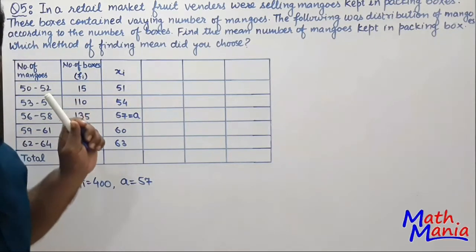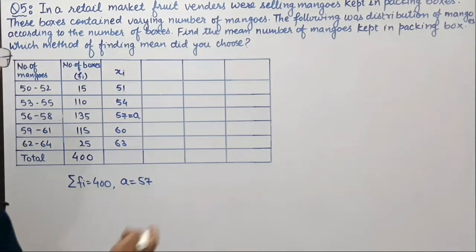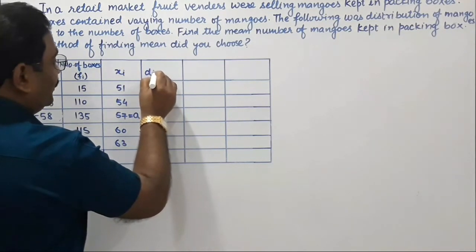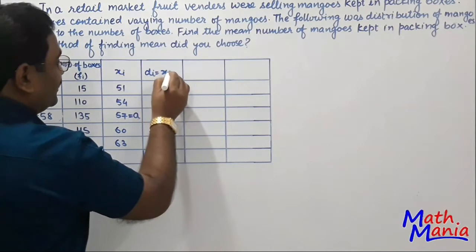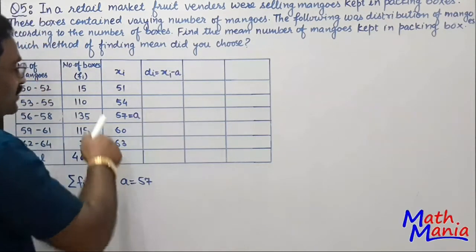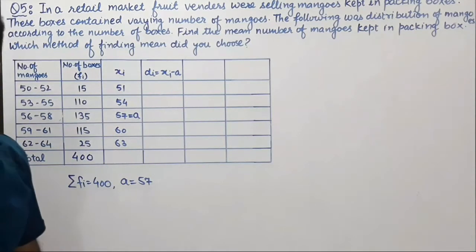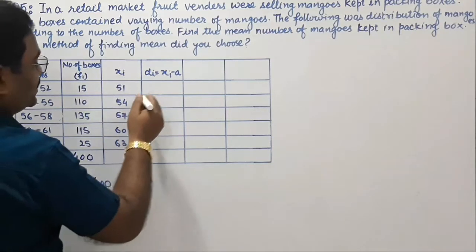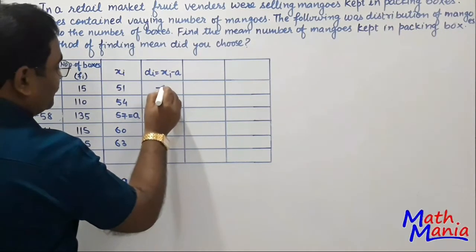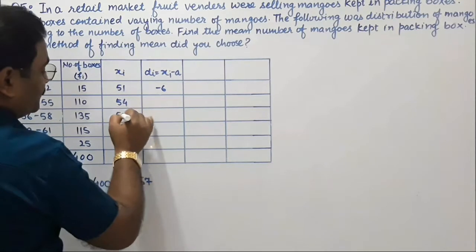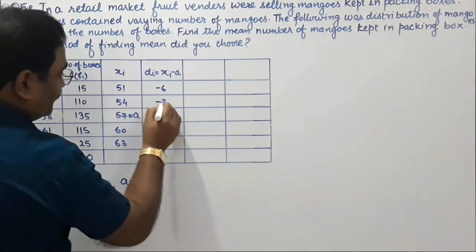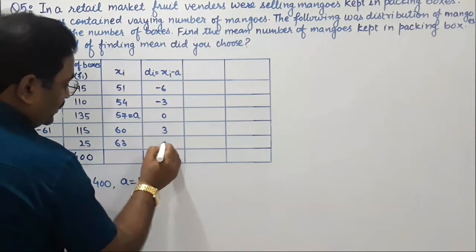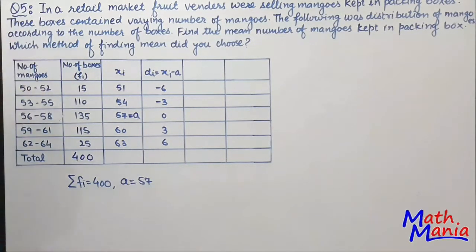Now we need to find the value of di, and di is xi minus A, which means from this column we have to subtract 57. So 51 minus 57 is minus 6. Then 54 minus 57 is minus 3. This becomes 0, 3 and 6.